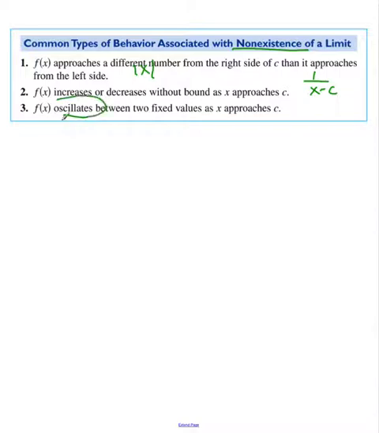Oscillating is a key word here, folks. So you need to be looking for trig functions, sine or cosine of something like 1 over x, something where it's going to be bounded, and we'll discuss what that means later, but it's just going to squiggle between two fixed values, in this case for sine and cosine between 1 and negative 1.